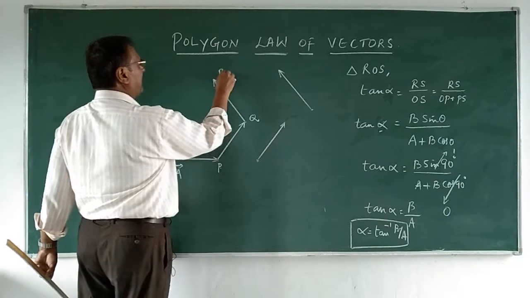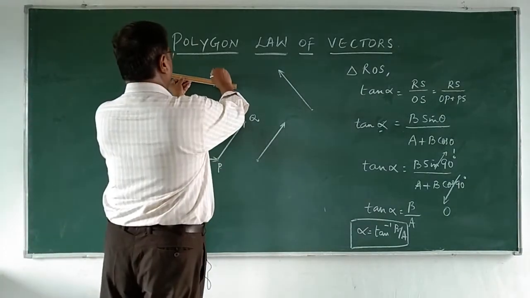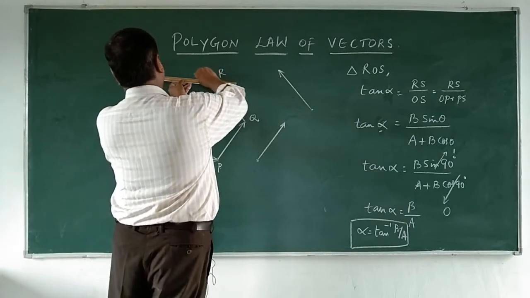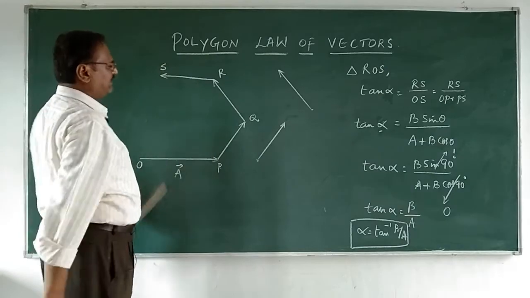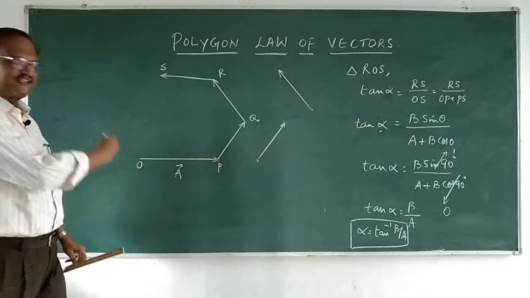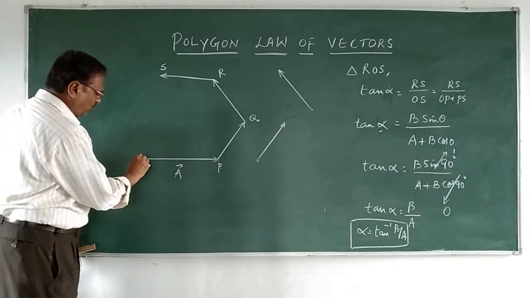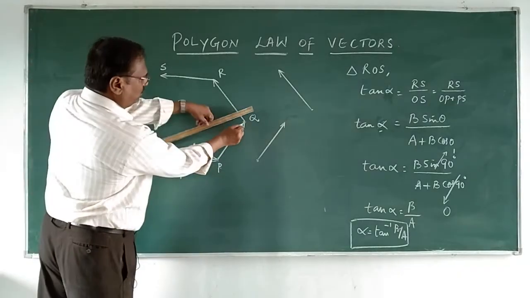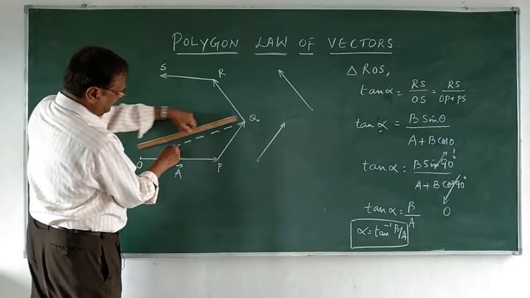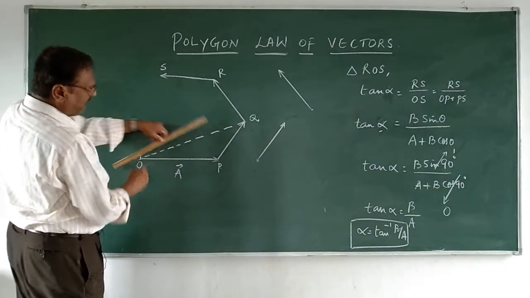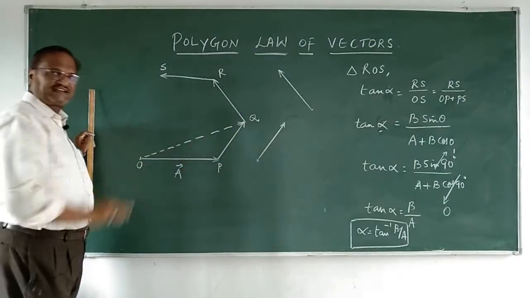OPQ, let us say R. I have another vector. Let us say this vector is going somewhat like this, and this is S. You see, all the vectors are going in a cyclic process. What I can do, I will go from O to Q. First, I will complete a triangle, right? I will complete a triangle. By doing so, this represents the resultant.